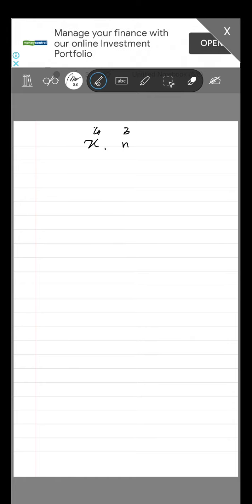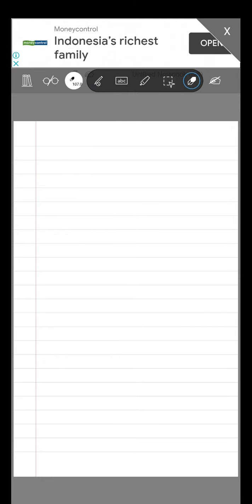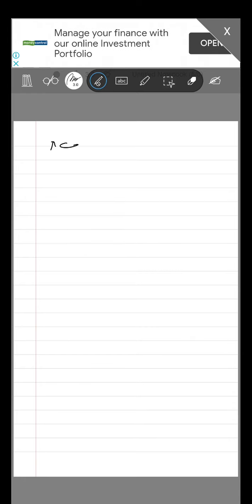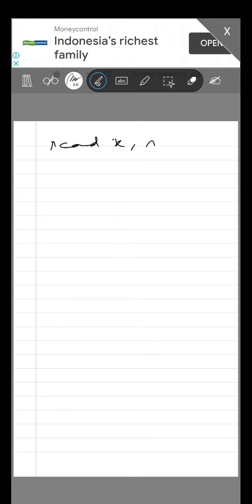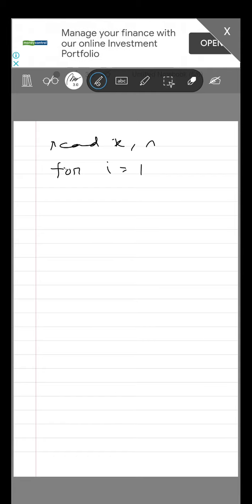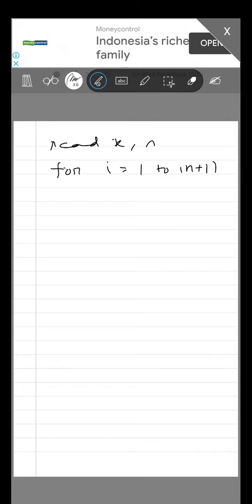So first we read x and n. Then we do a for loop and introduce a parameter i, which will run from 1 to n plus 1 in steps of 1.